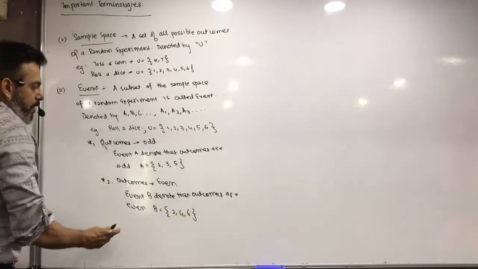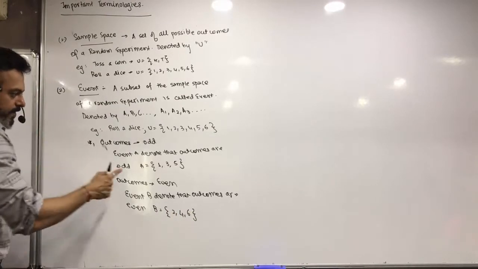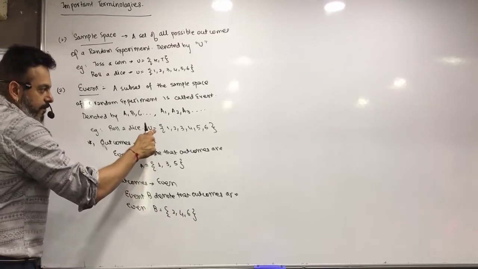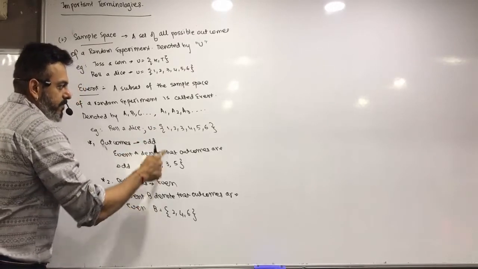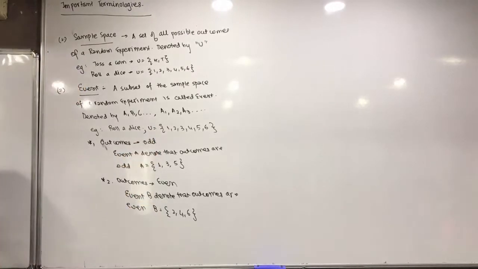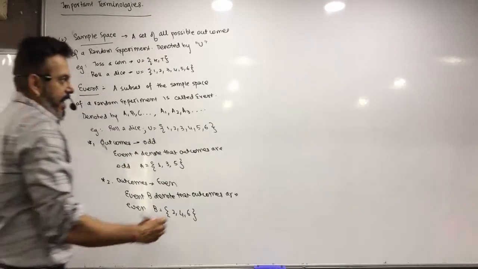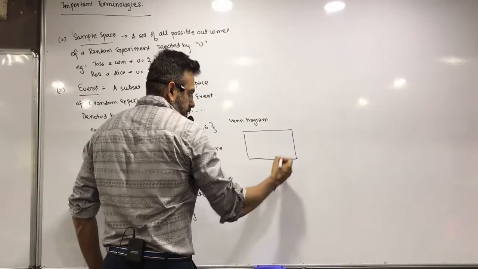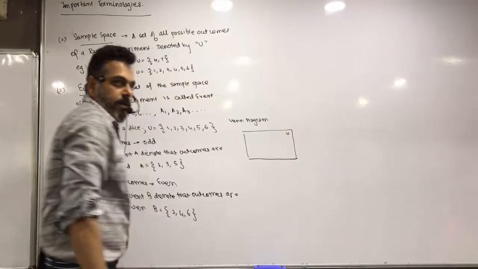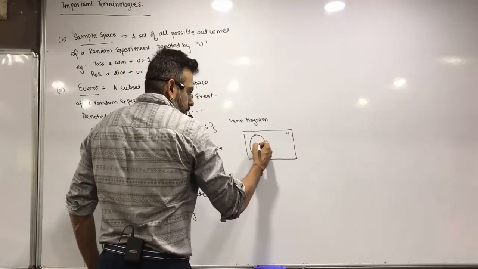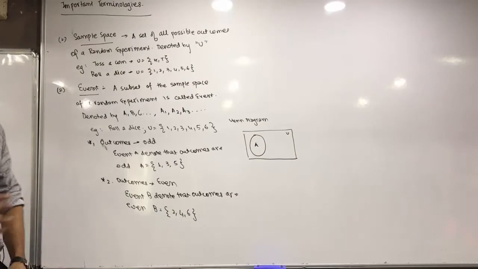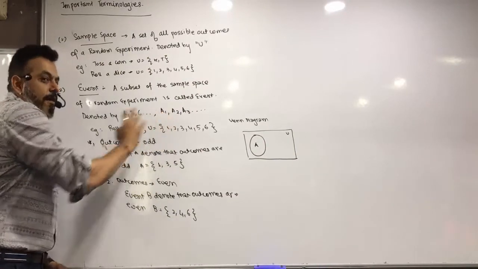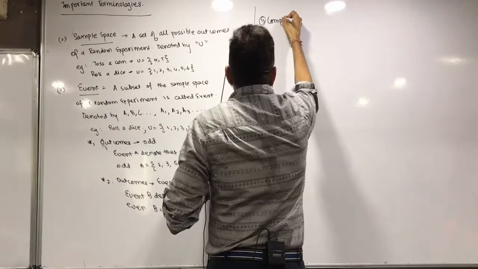Now, over here, event A is a subset of sample space U, and event B is also a subset of sample space U. If I draw a Venn diagram for this, this is completely U. A is a subset in sample space U. It's a part of the sample space.